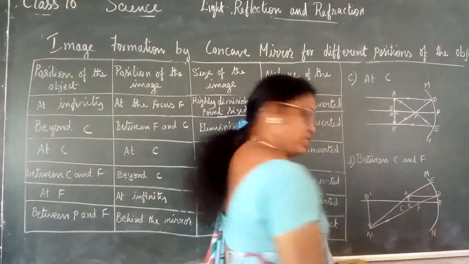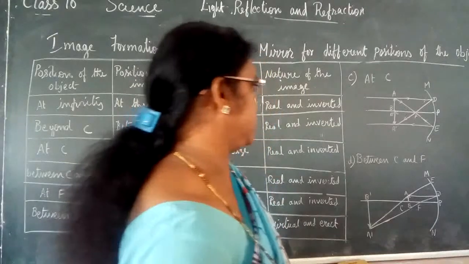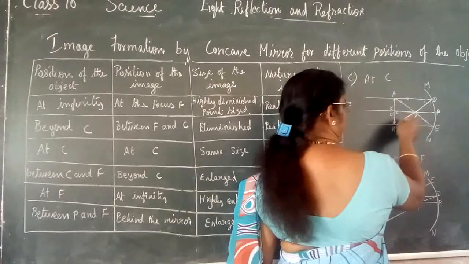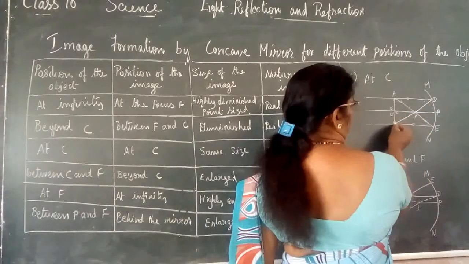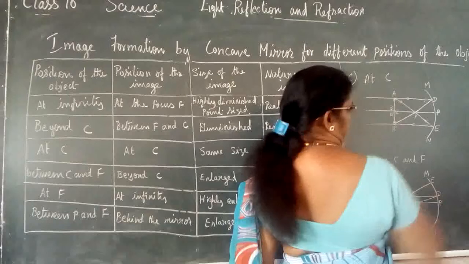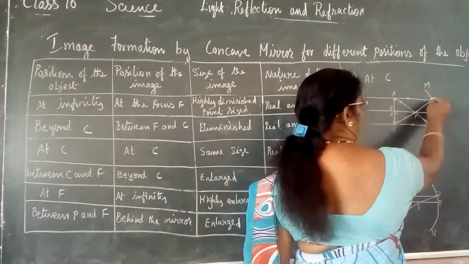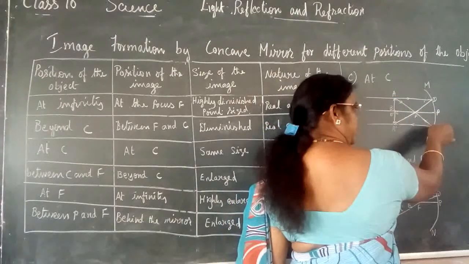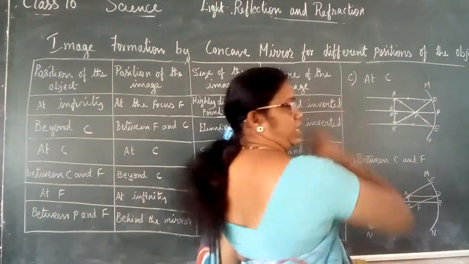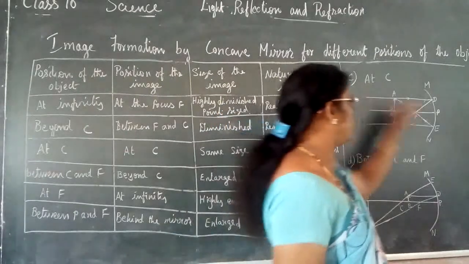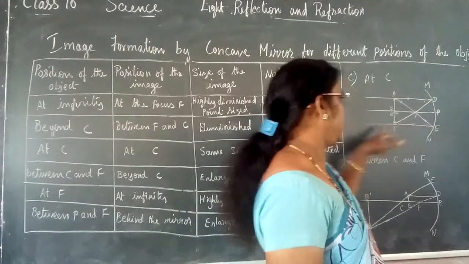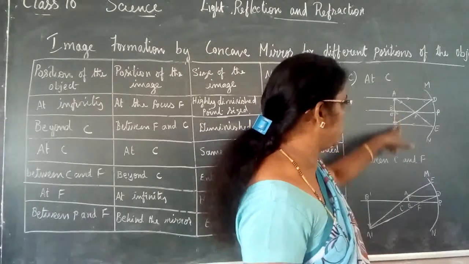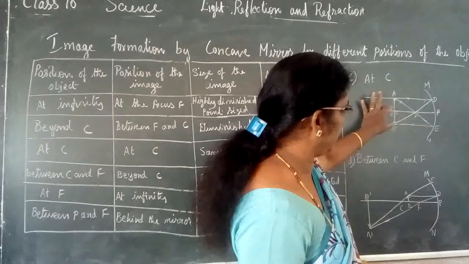And when it travels parallel to the principal axis, both the rays meet at a point below C. That is, the ray which is parallel passes through the principal focus, and the ray which passes through the principal focus travels parallel after reflection. So these two rays meet at a point A dash, at C, below C, and here we get the image.